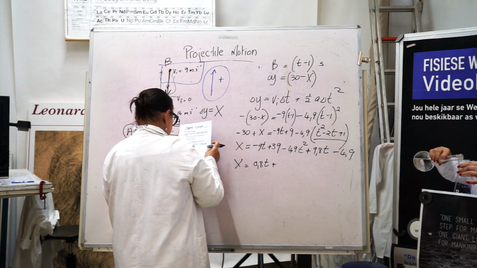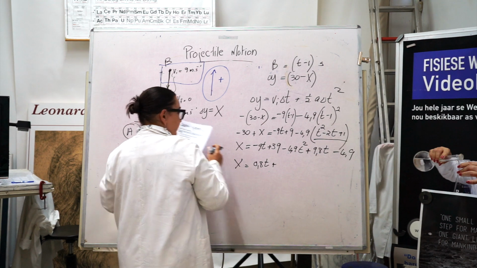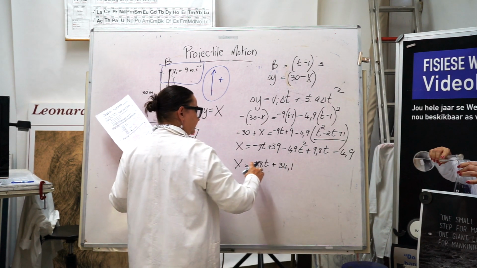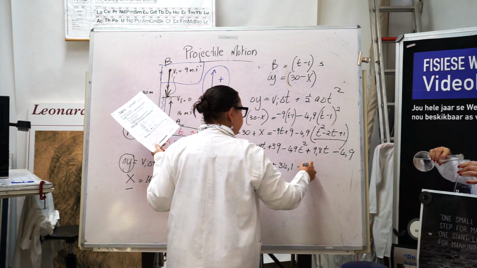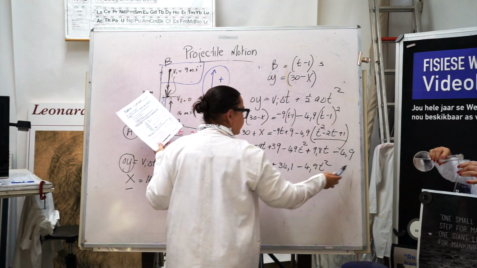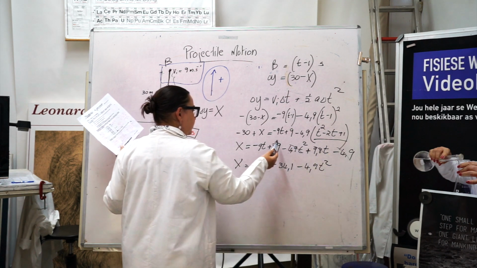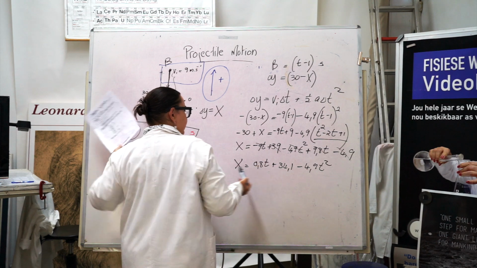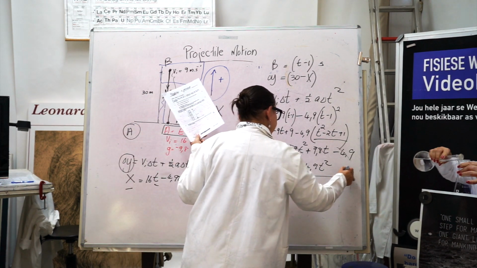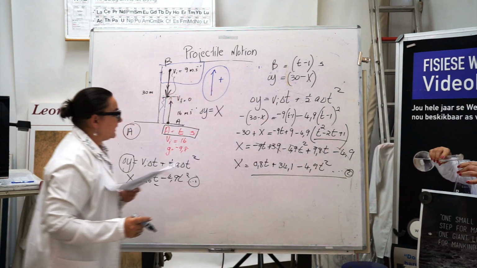I did work that one out. I am getting 34.1. And I have a minus 4.9t squared. Let's just make sure I used that one, I used that one, I did use that one, and I've got this as my second formula.